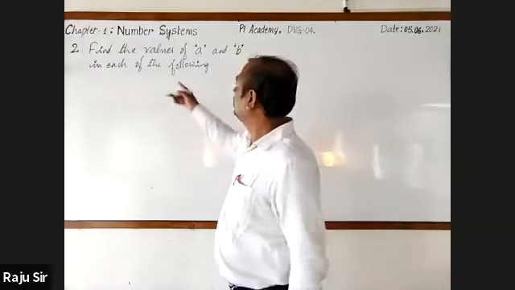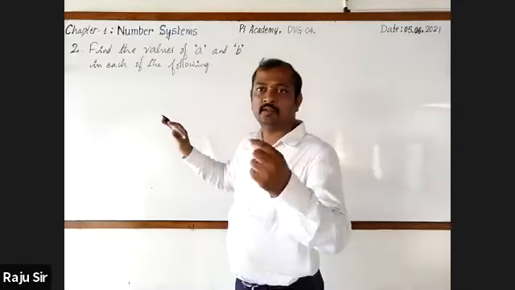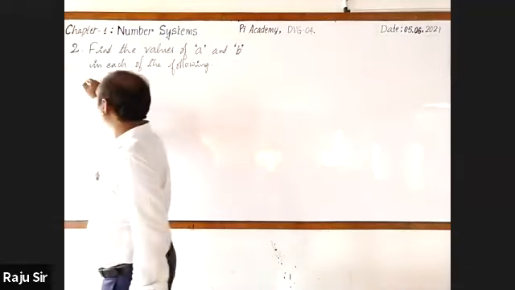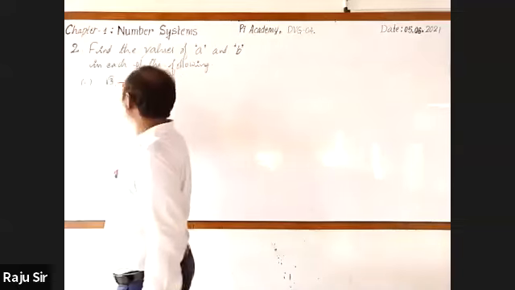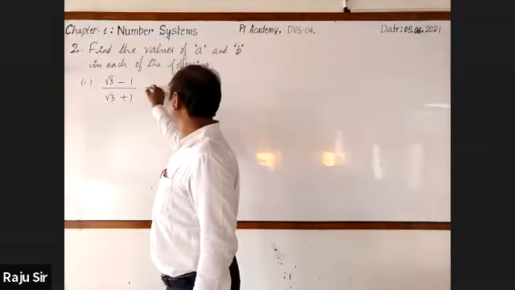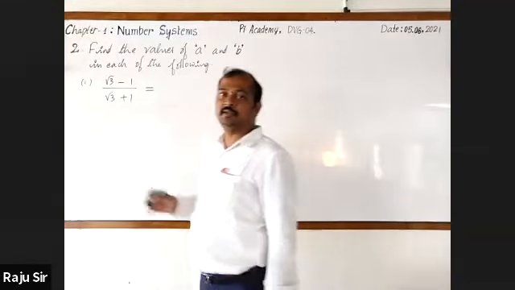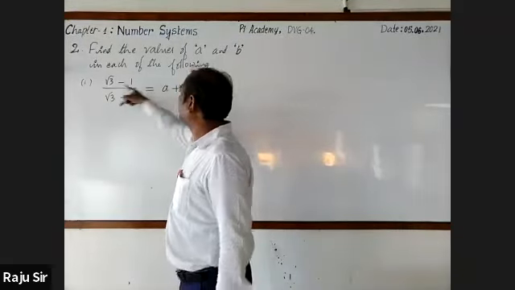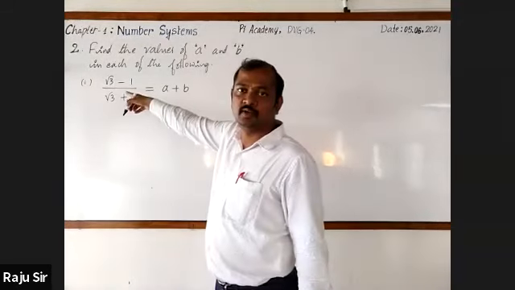Now let me take one simple problem. You are going to find out the values of A and B in each of the following, again with respect to rationalizing the denominator only. I'll take the first one. √3 minus 1 by √3 plus 1 is equal to, it should be expressed in terms of A and B. You can write it like A plus B, with the irrational term √3.